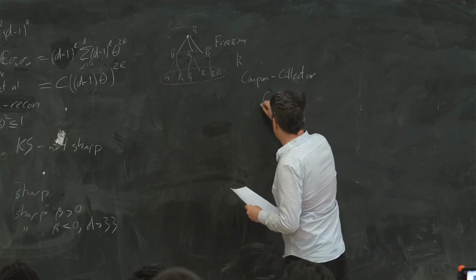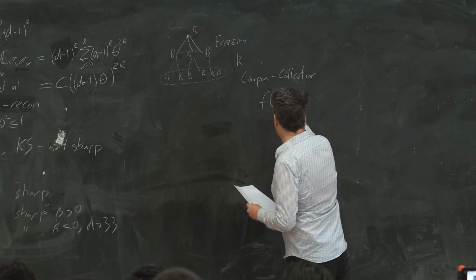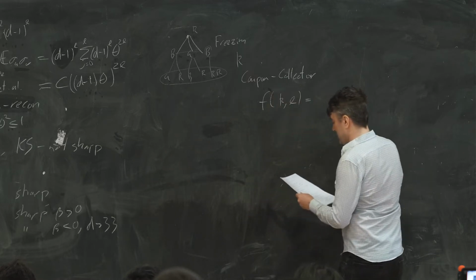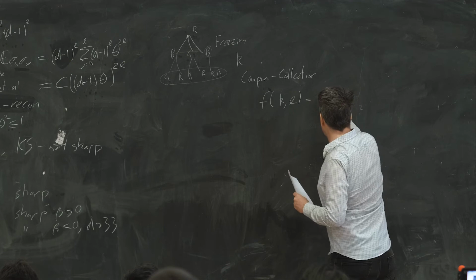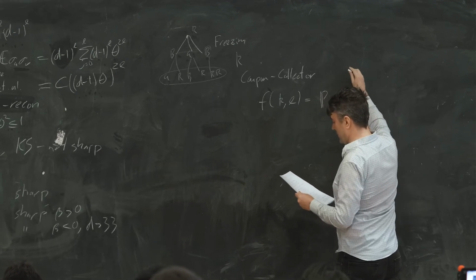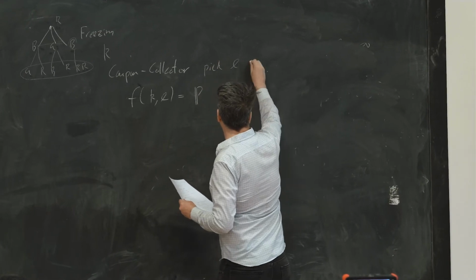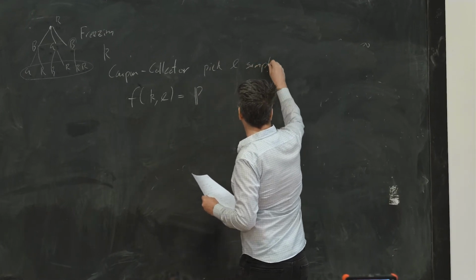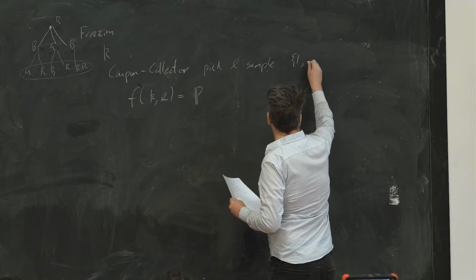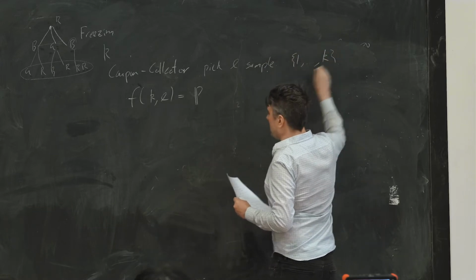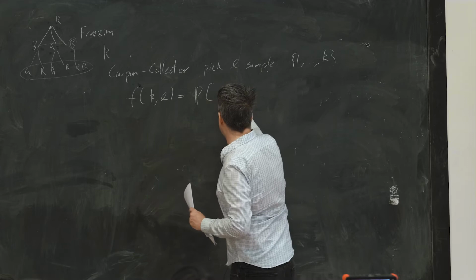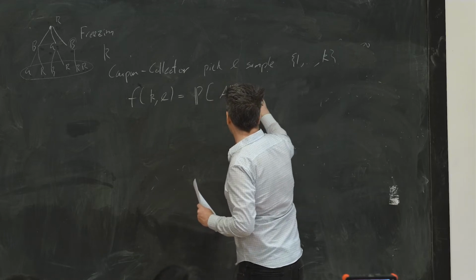So if I write f of k, l to be the probability, so I'll pick l samples from 1 to k, and f of k, l will be the probability that they all appear.